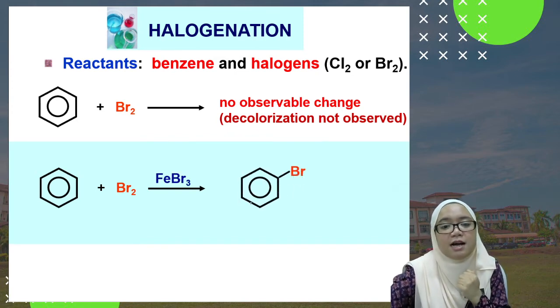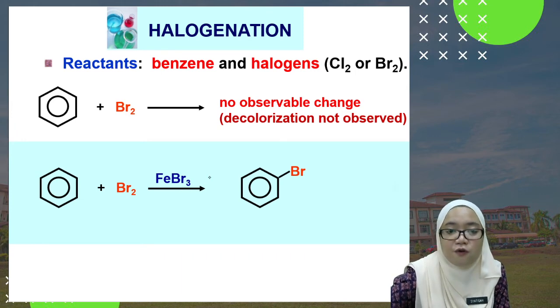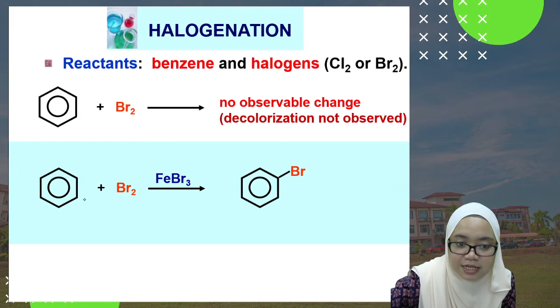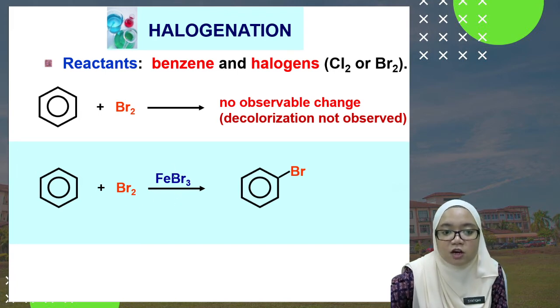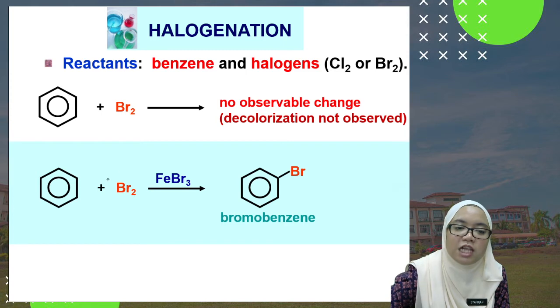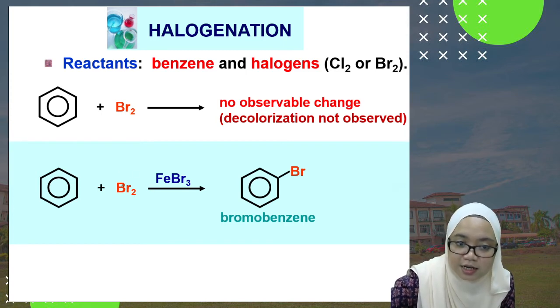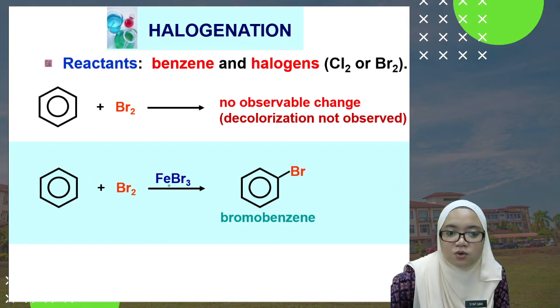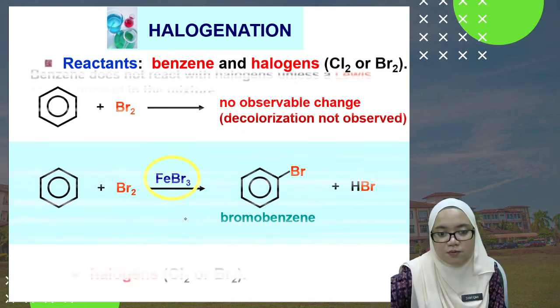Okay, we need FeBr3 for the electrophilic aromatic substitution to occur at benzene. If there is no FeBr3, no reaction occurs. So for the halogenation, or for the electrophilic aromatic substitution to occur in the benzene, we need to have FeBr3. Okay, this one is very important.